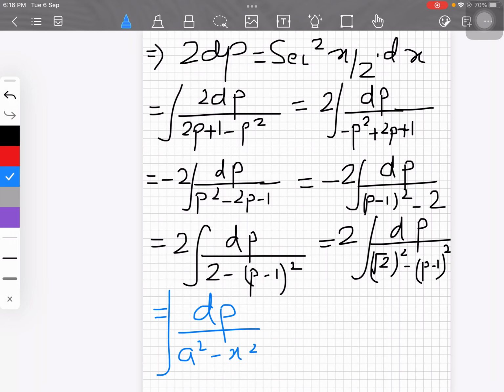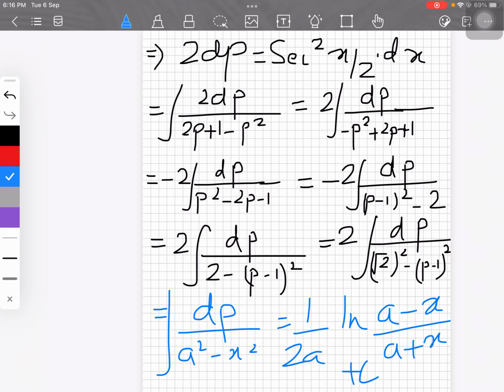There's a simple formula for this which helps you solve questions like this. It is 1 over 2a ln of a plus x over a minus x, plus c. The formula is nothing you have to remember, it's like a short form. If you write this as a minus x, a plus x, and change it into a rational fraction, you will get this formula.